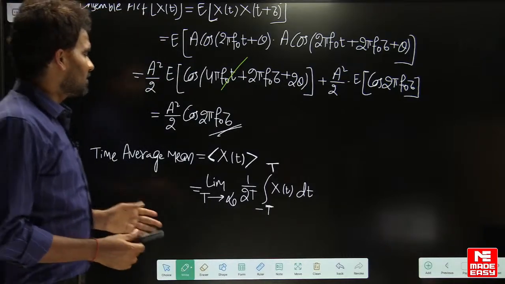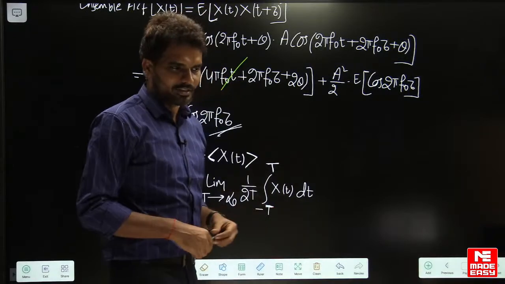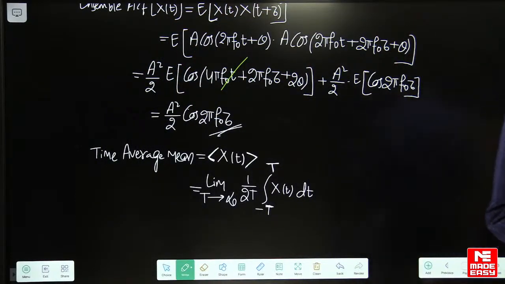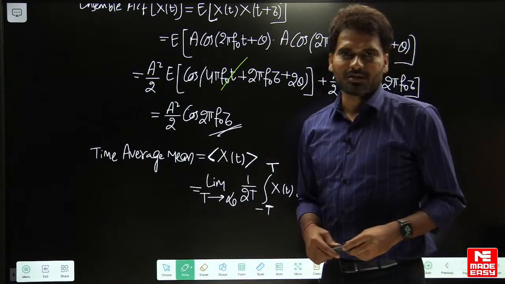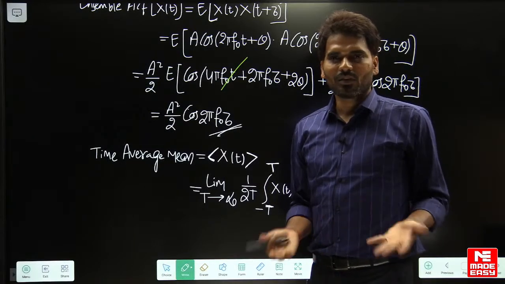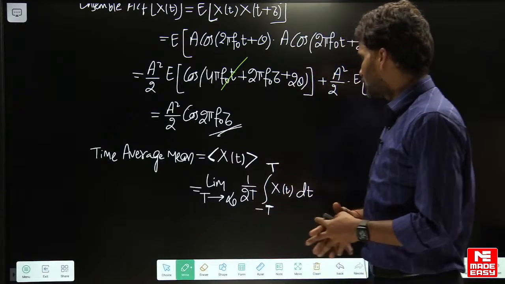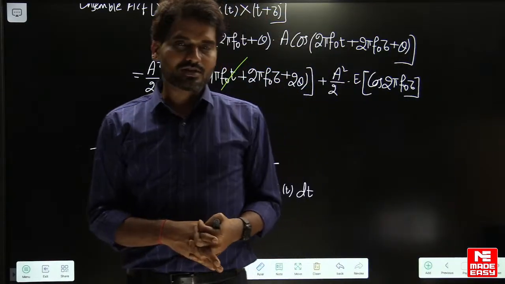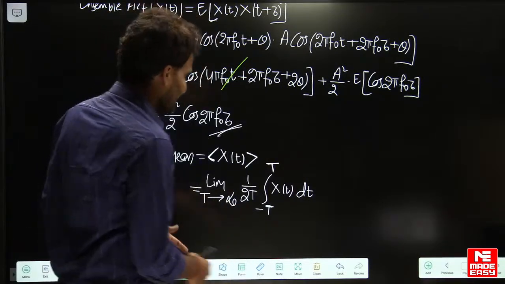It is simply finding the average of xt in the time interval minus T to T, that's it. So remember this formula, it will be useful to you in the examination. In finding time averages, the density functions are not involved, you have to understand that, okay, fine.